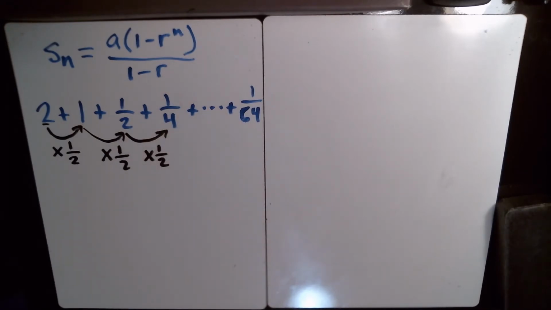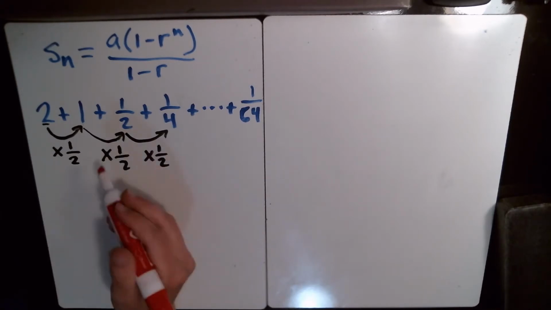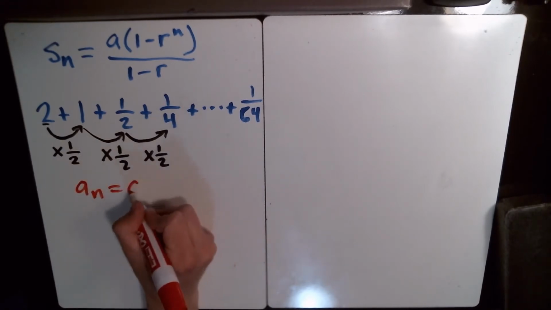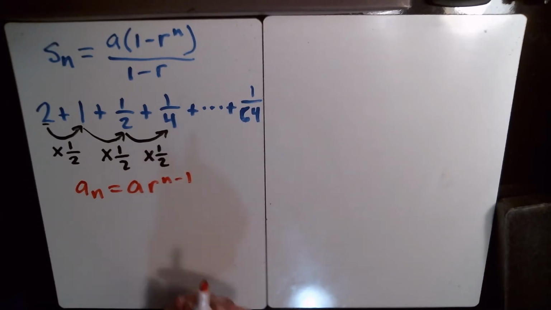And so we can find the equation of that sequence. Our equation will be a_n equals a times r to the n minus 1.